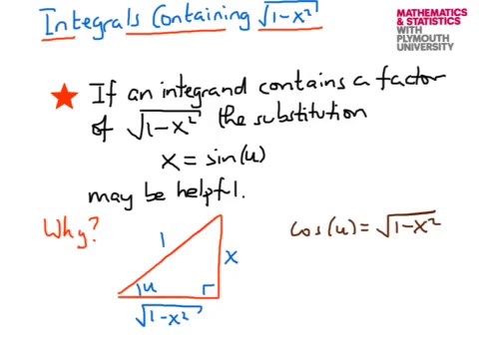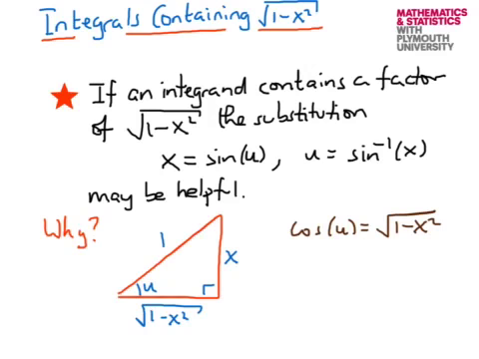Now, you may worry at this stage that this is defined through a right angle triangle, and that means that u is restricted to being between 0 and pi over 2. But if we actually look back at where we've defined u, we said x is sine of u, and that means that we also have that u is the arcsine of x.